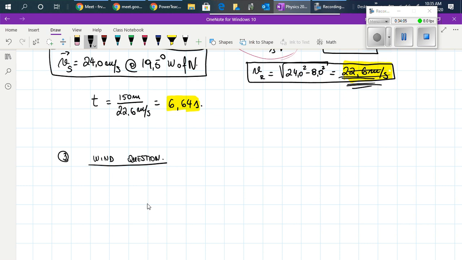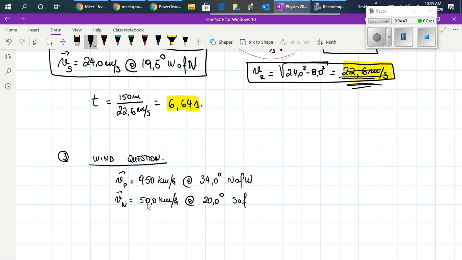Say you have a plane traveling with a velocity of 150 kilometers per hour at 34 degrees north of west, and the wind is affecting this motion with a magnitude of 50 kilometers per hour at a direction of 20 degrees south of east.